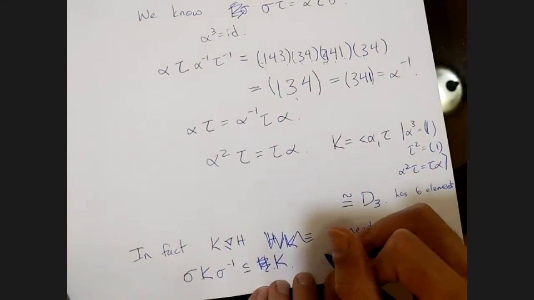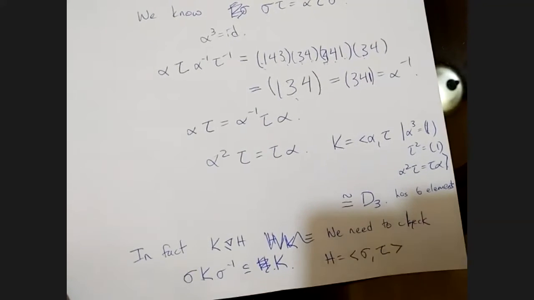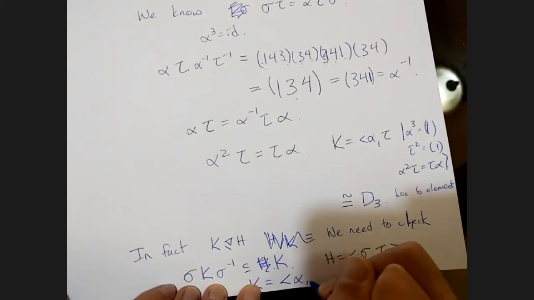Let's just remember H is generated by sigma and tau, and K is generated by alpha and tau.